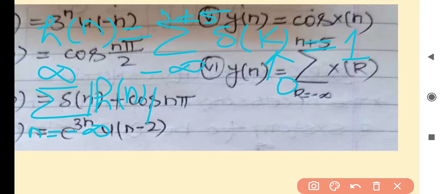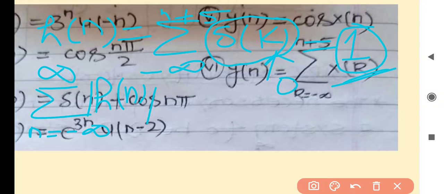We put values of k from minus infinite to n plus 5, but for all values of k, delta[k] will give 0, except when k equals 0, it will give 1. So when I sum up these values, it will become equal to 1.